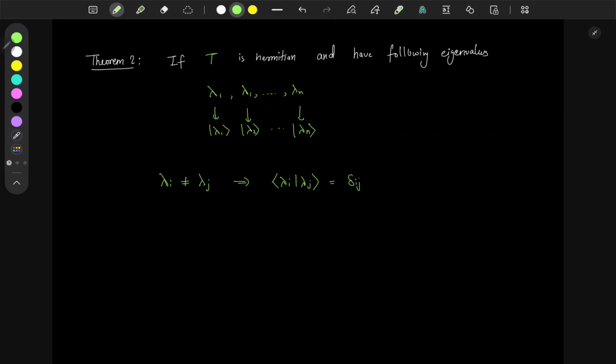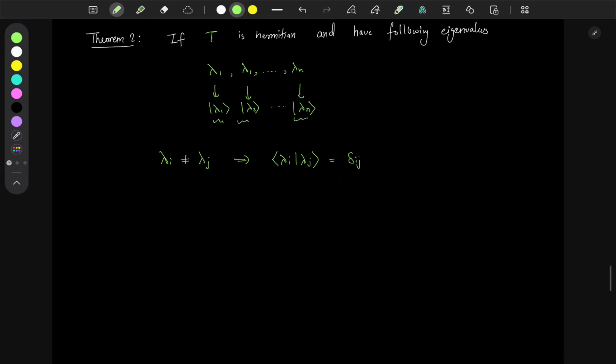That is, they are orthogonal to each other. So all these eigenvectors are orthogonal. Orthogonal is basically a generalization of perpendicular. Sorry, not delta ij, it should be 0 if they are not the same.